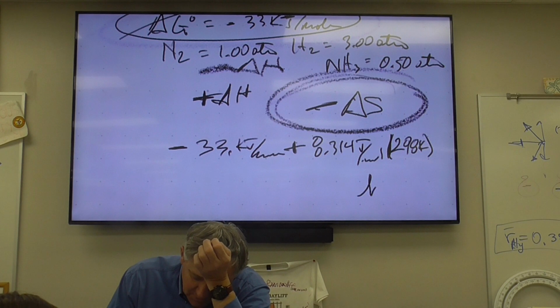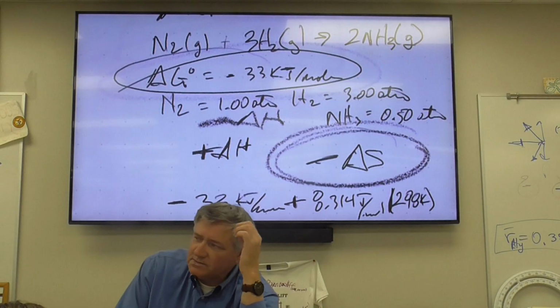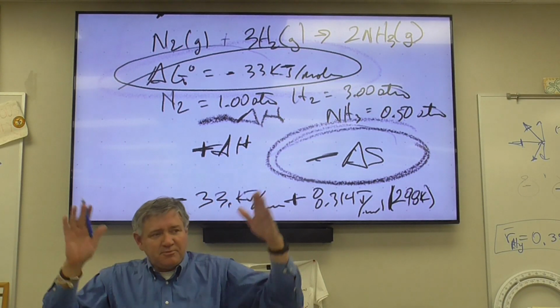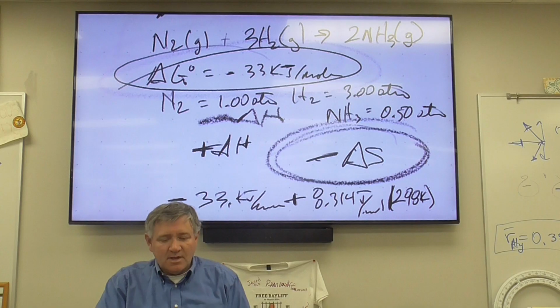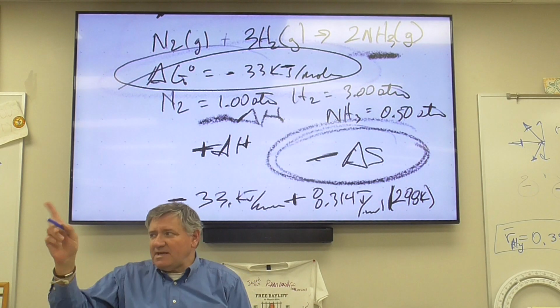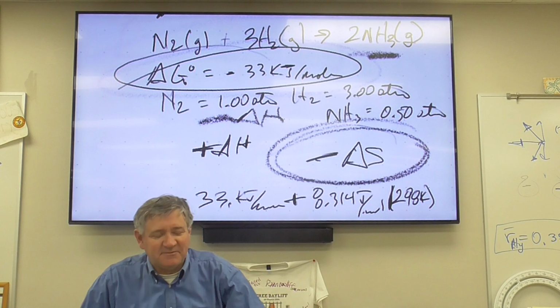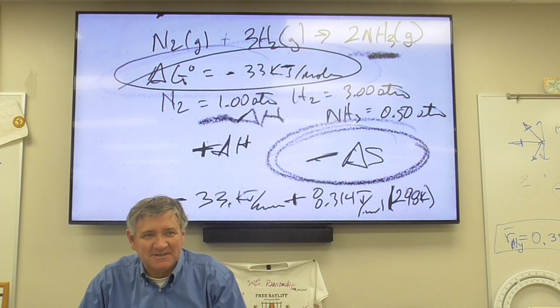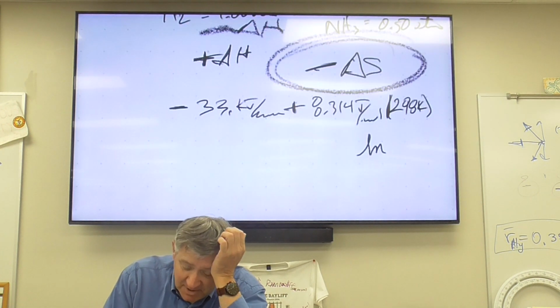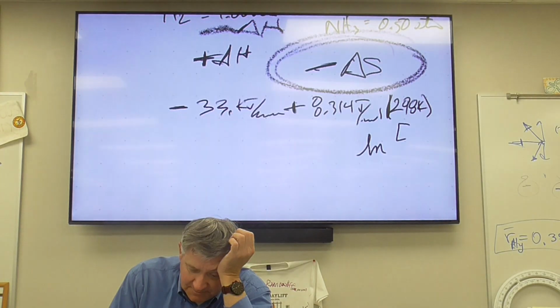Now I'm running out of room. So here's what you gotta do. It's products over reactants. So you've got your NH3, but there's a 2 in front of it. So Kevin, what are you gonna do? You gotta square it. I ran out of room, I'm gonna put this on the end.